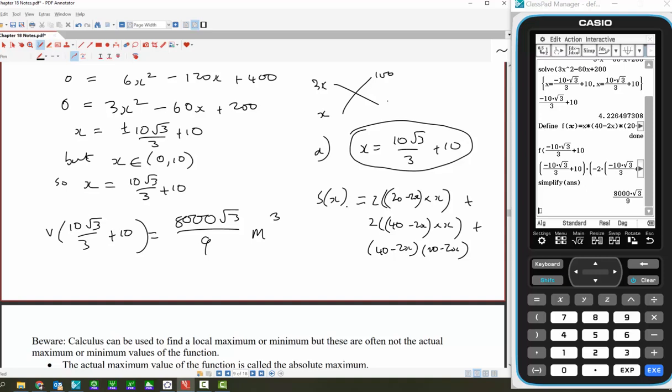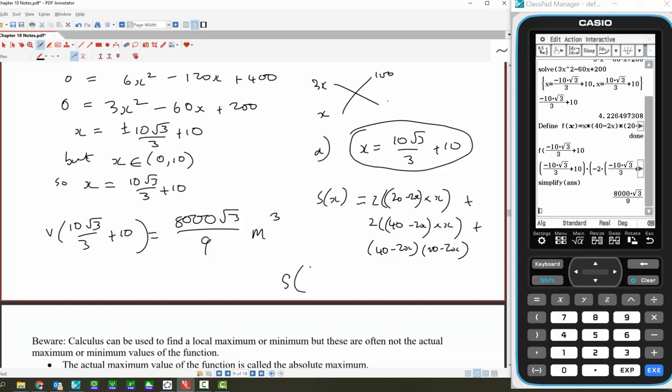So that's our surface area function, and we know that we're going to use this value of x to create our shape because it's the maximum volume that we want, and that'll give us the maximum surface area.